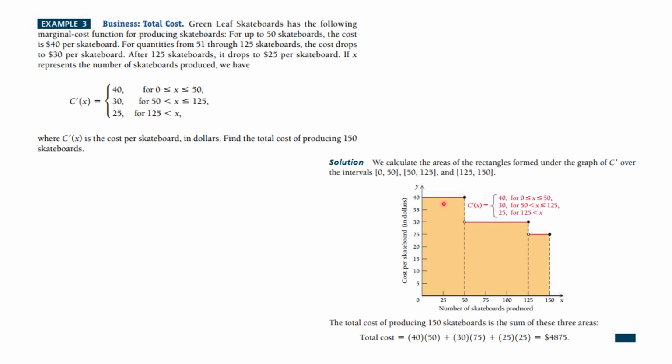In the picture, the first 50 cost 40, and 50 times 40 is the area of this. The next 75 is the area under this, and the last 25 is this. So the total cost of producing 150 skateboards is the sum of these three areas, and if you add those areas up, you get $4,875.